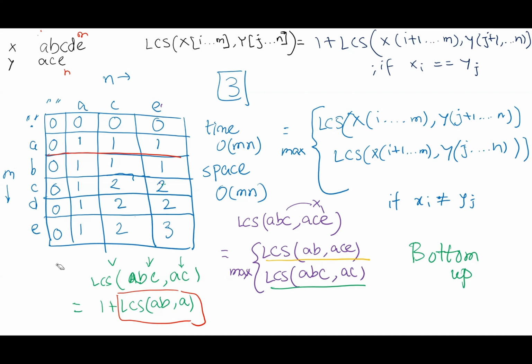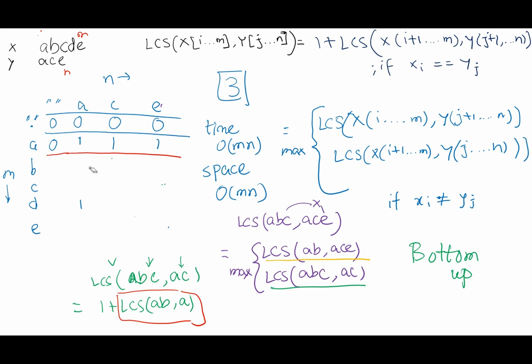So can we just eliminate all other rows and just keep 2? And we'll take the smaller text on the top so that I can use even less space.